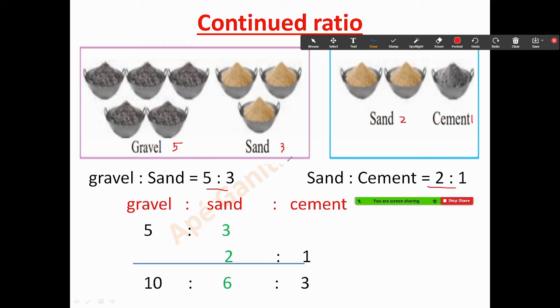Before that, you have to consider the common thing in both ratios. What is the common thing in both ratios? Can you see here? In both ratios, sand is there. In the first ratio, sand 3. In the second ratio, sand 2 pans.